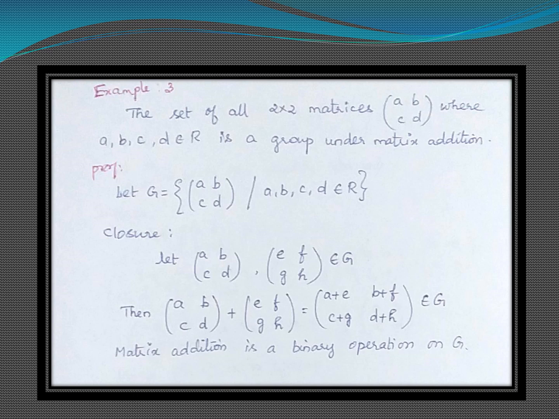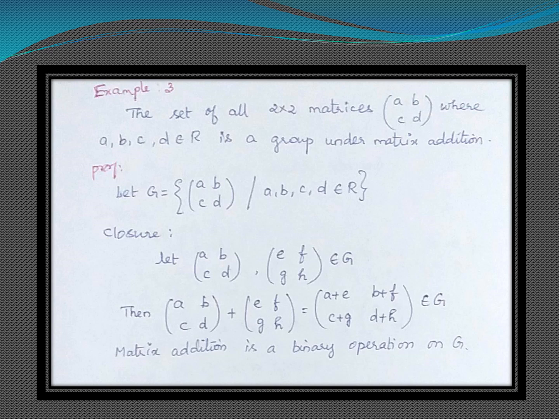Let me start with the closure property. For this we have to choose two matrices from G. First matrix is a, b, c, d. Second matrix is e, f, g, h. Then the matrix addition, a, b, c, d plus the matrix e, f, g, h, is equal to, we are going to add the corresponding entries in the matrices.